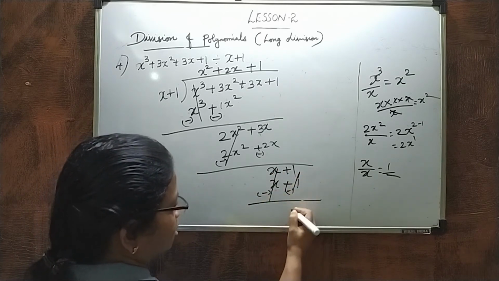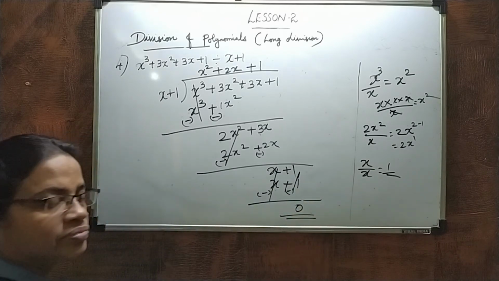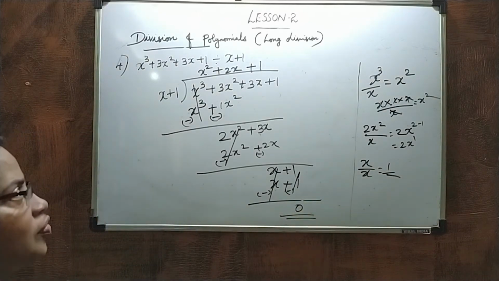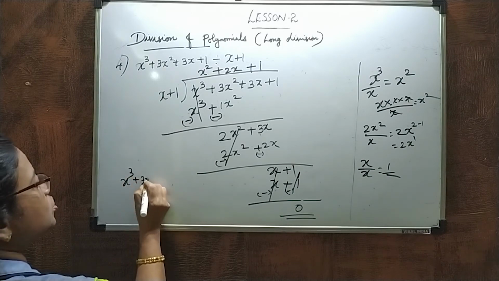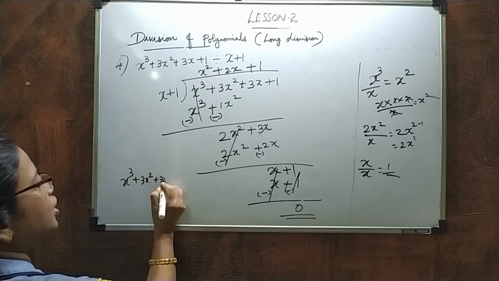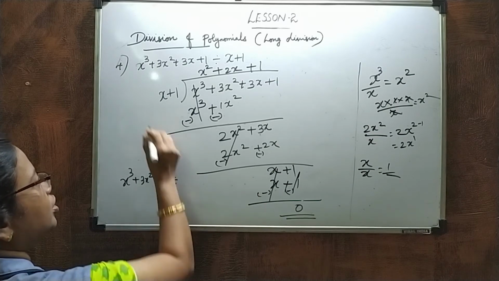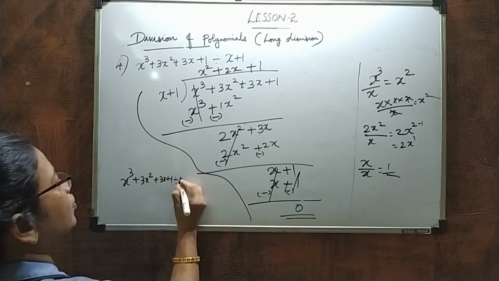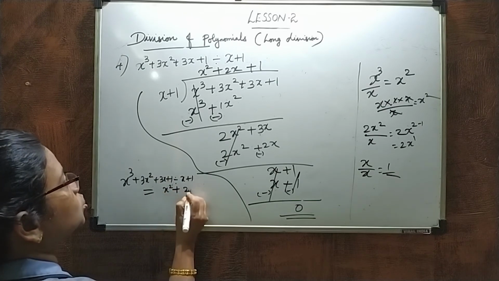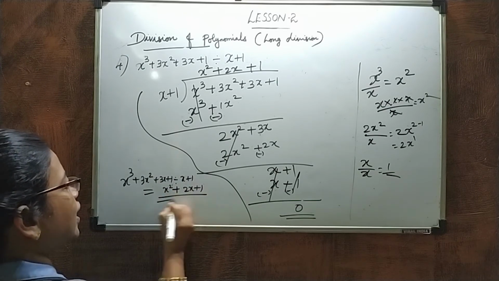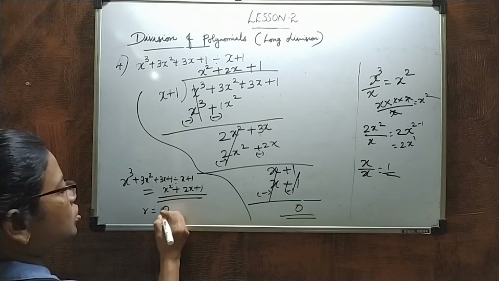Plus 1 minus 1 cancelled. 0 you will get. Clear? Then what do you write now? x cube plus 3x square plus 3x plus 1 divided by x plus 1 equals x square plus 2x plus 1 and remainder is equal to 0.